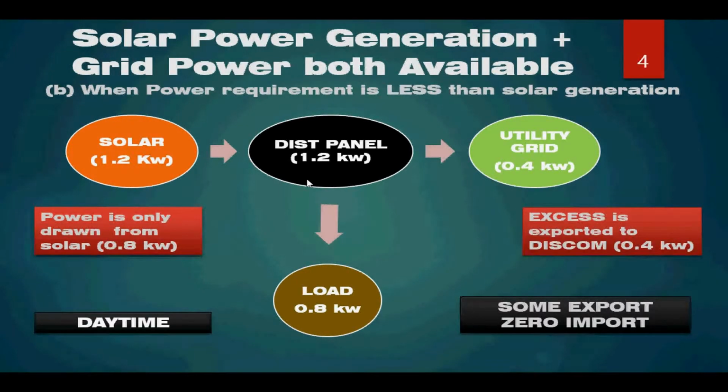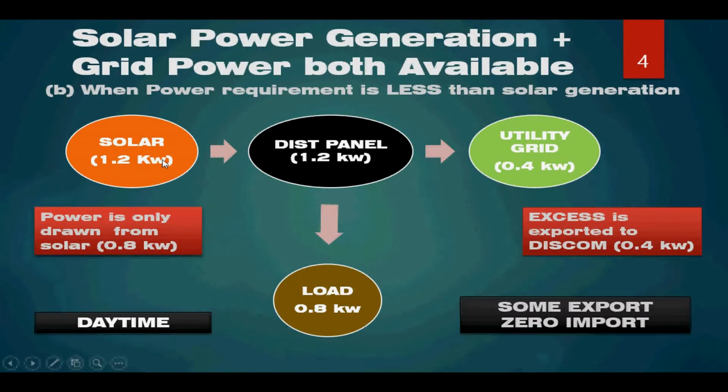Now let's consider case B, when the power requirement is less than your solar generation. So again, your solar power plant is of size 1.2 kilowatt, and now you have switched off your AC and all the other equipment. So the current load is, let's say, 0.8 kilowatt, maybe a few fans and a few tube lights. So your current requirement is only 0.8 kilowatt, but we are generating about 1.2 kilowatt at any moment.